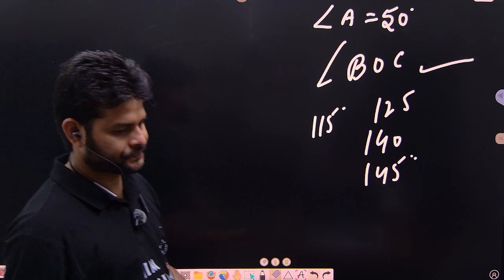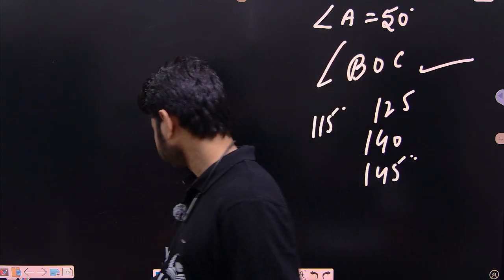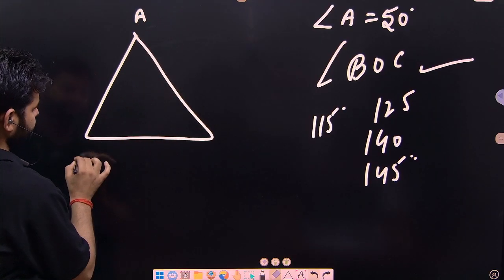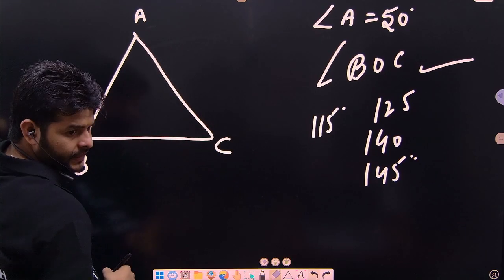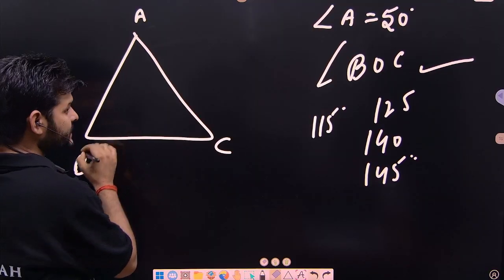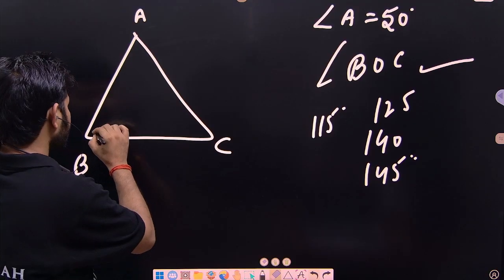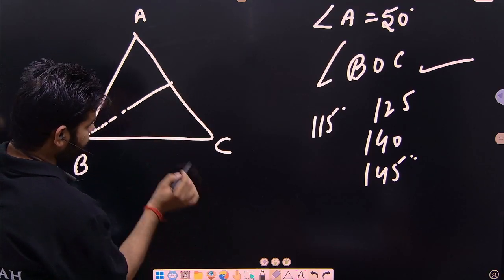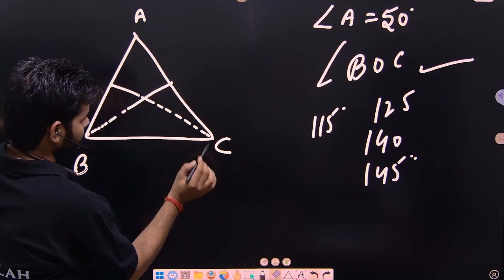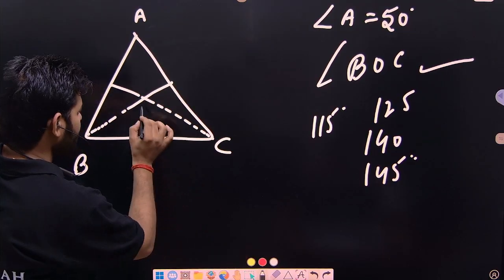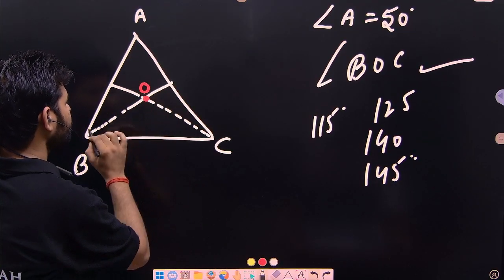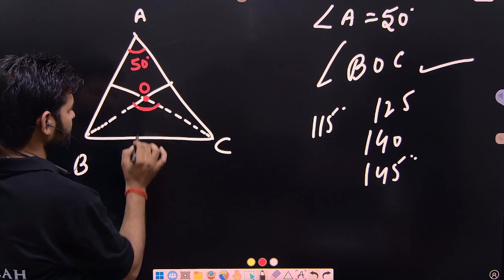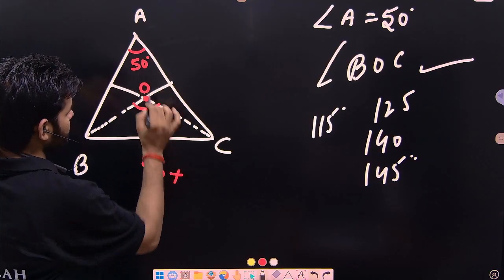Guys, see how we will solve. We have been given triangle ABC and the angle bisector of B and the angle bisector of C. If both the angle bisectors meet at the point O, and this angle is 50, then this angle must be 90 plus half of this angle.